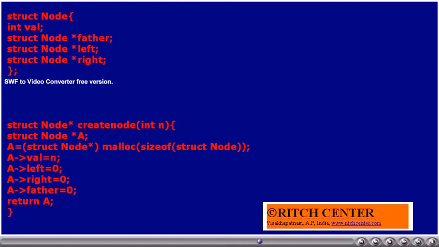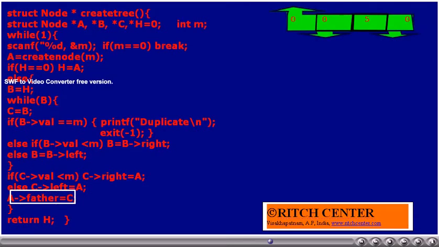Except for this, it is exactly the same as the previous version of the create node function. This version of create tree is exactly the same as the previous function with one simple exception: we have written the statement AR of father is equal to C.